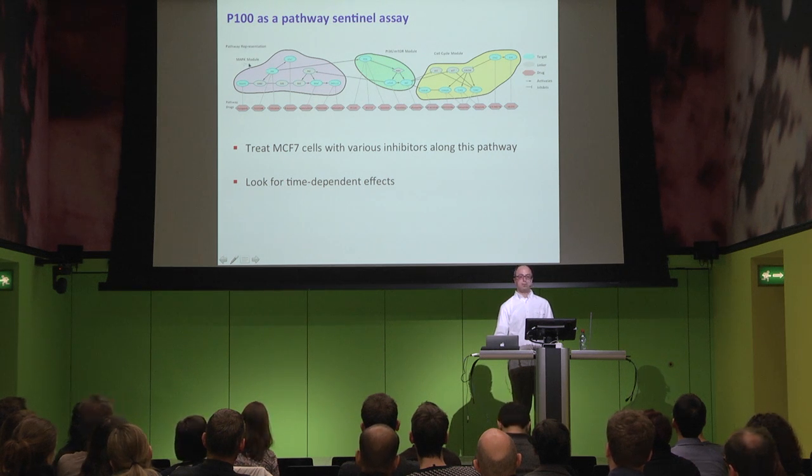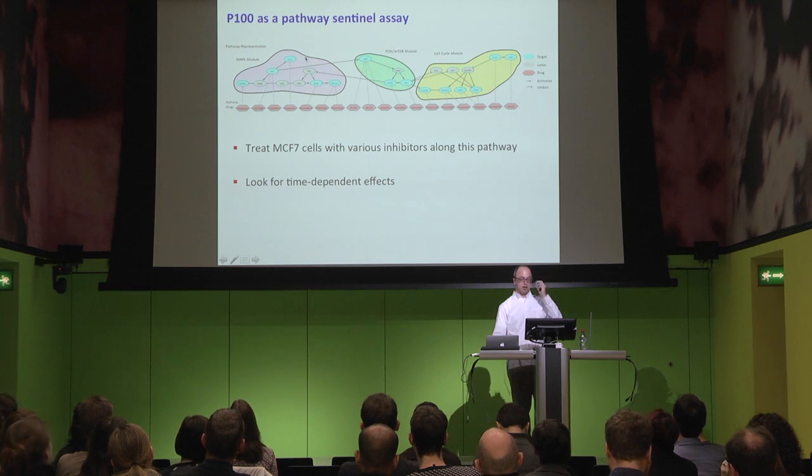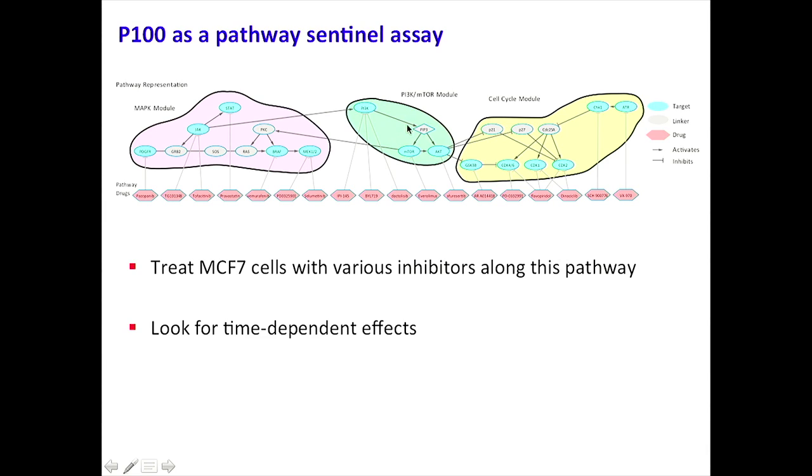The first is this MAP kinase signaling module, which contains JAK-STAT, BRAF, and MEK. And then a PI3 kinase mTOR module, which of course contains mTOR, AKT, and so on. And then a cell cycling module, which contains the cyclin-dependent kinases and some things that are upstream and downstream of them, and we can divide the pathway into these 3 logical modules.